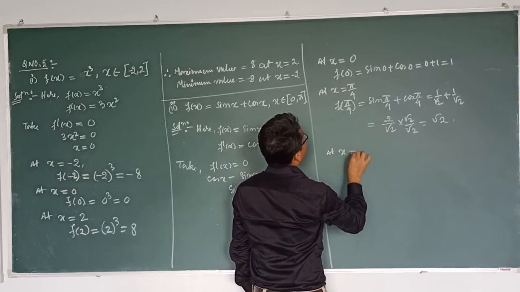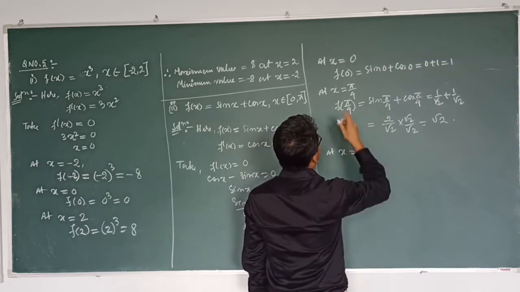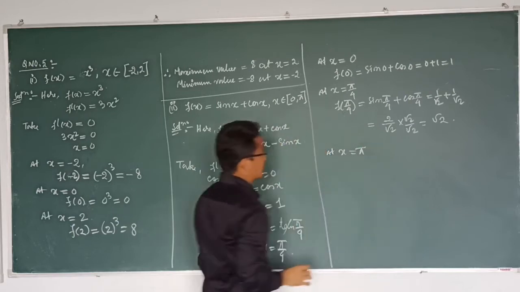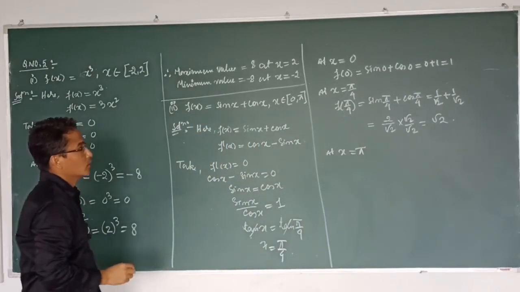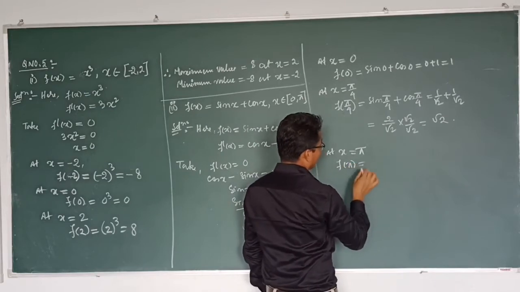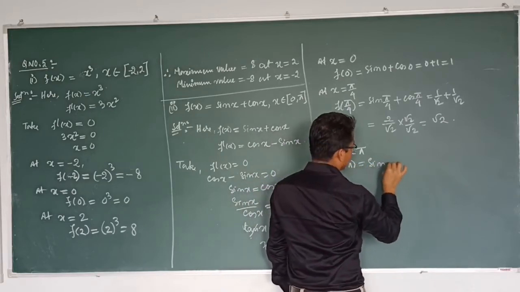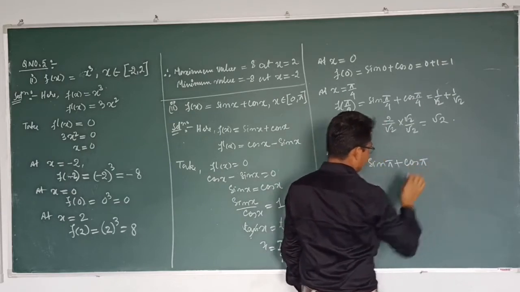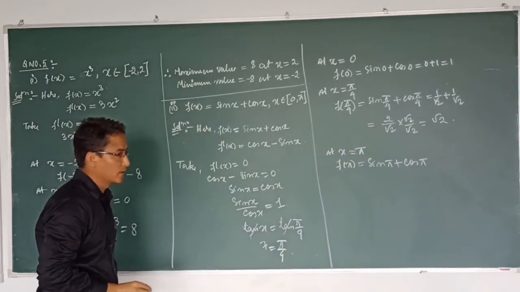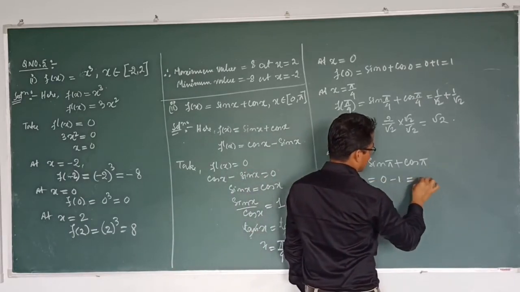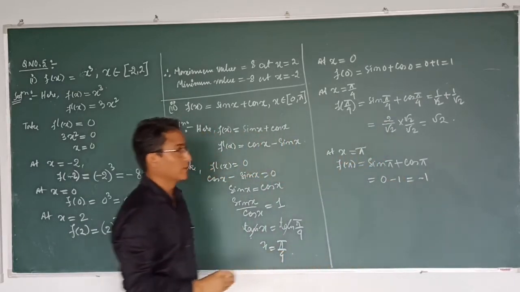Now next, at x equal to pi. At x equal to pi, f of pi equals sin pi plus cos pi. So sin pi is 0, cos pi is minus 1. So we will get minus 1.